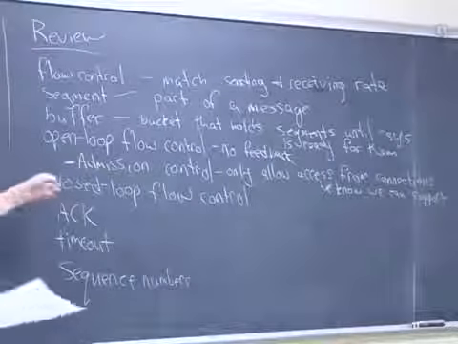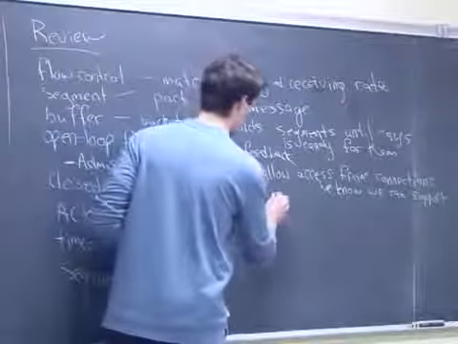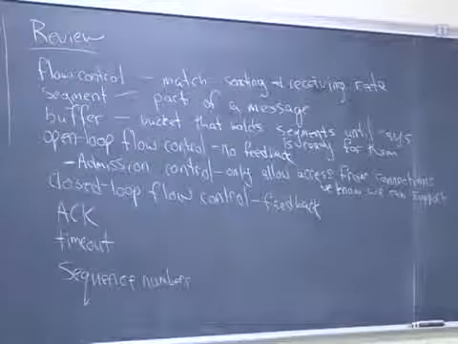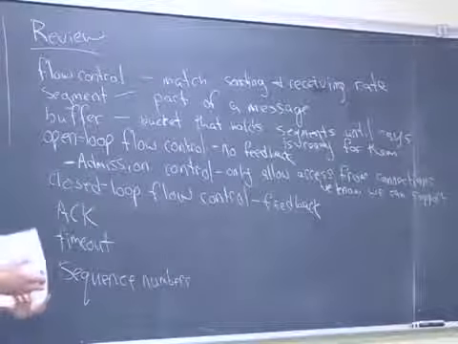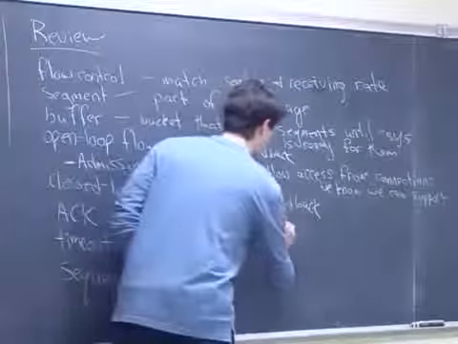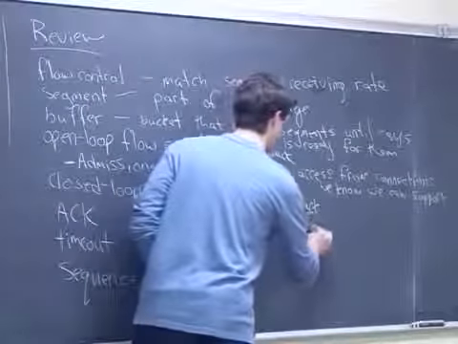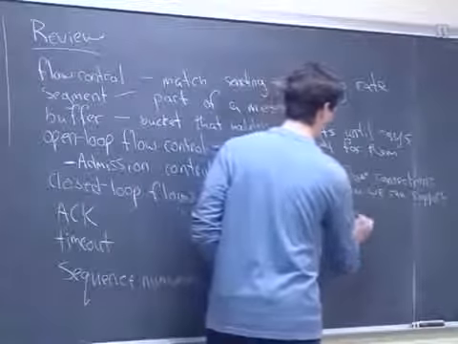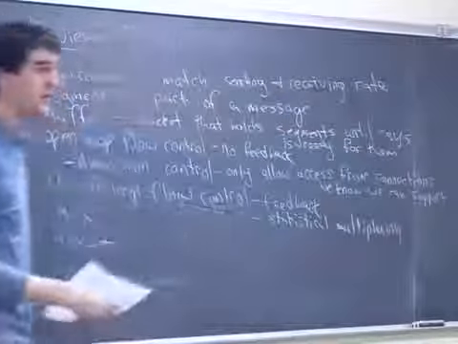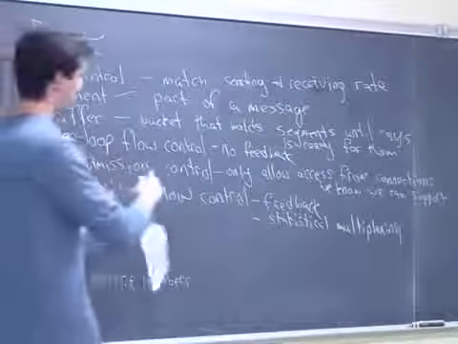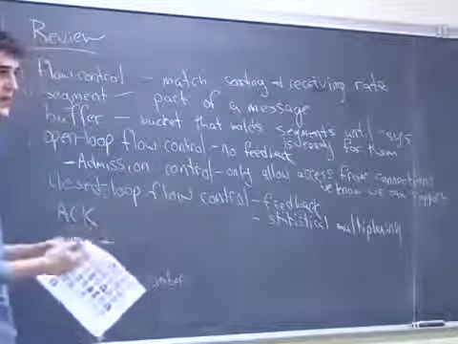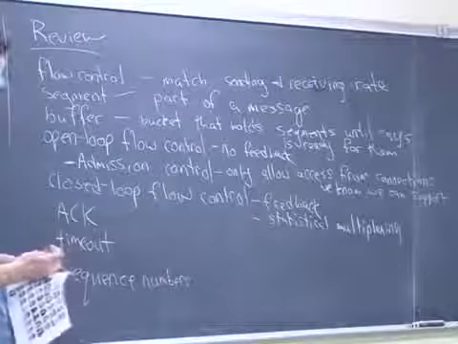Whereas in closed loop flow control, there is feedback between the sender and the receiver. Because there's this feedback, we don't need to have a reservation system. So this uses the notion of statistical multiplexing. Statistical multiplexing lets us take a channel that won't support all of our users concurrently, only a small number of them.